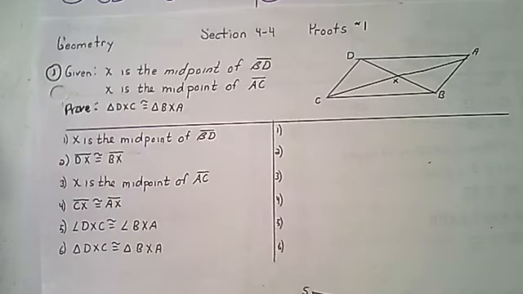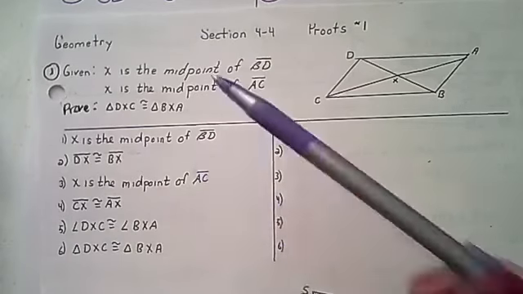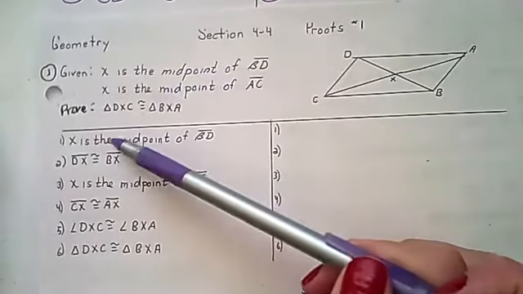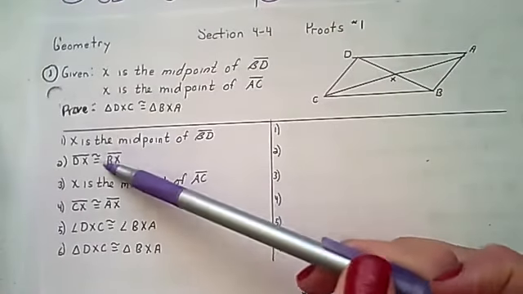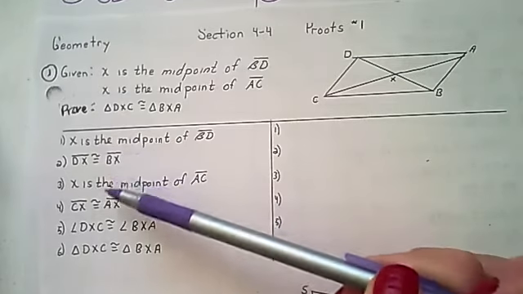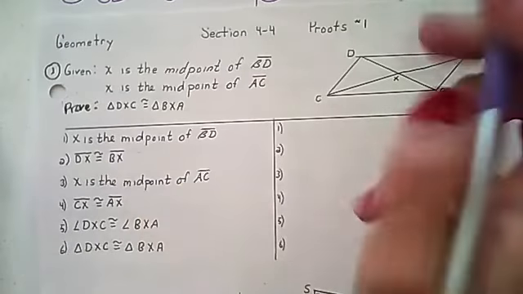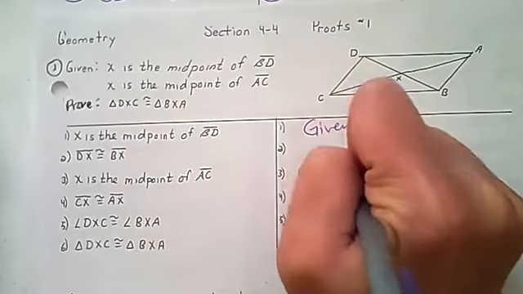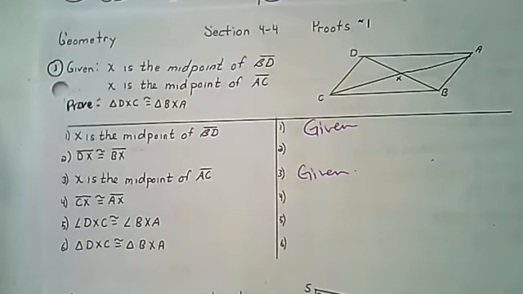She's still there, but anyway, she split up the given for some of them. So see, like number one, there's two pieces of given. She said X is the midpoint of BD, and then said the two segments that are congruent, and then did the other piece of the given. So at number one, this would be given, and this would be given. So she did that a couple times throughout. She split up the given information.